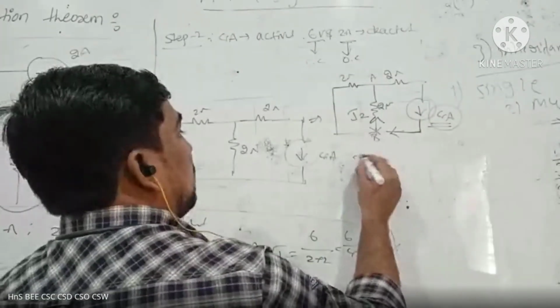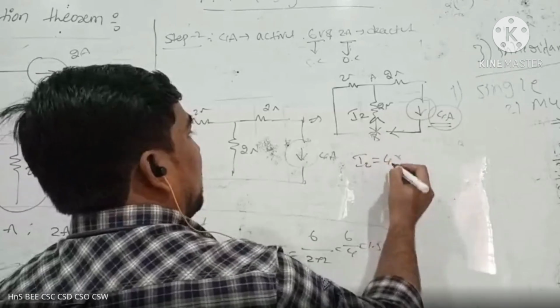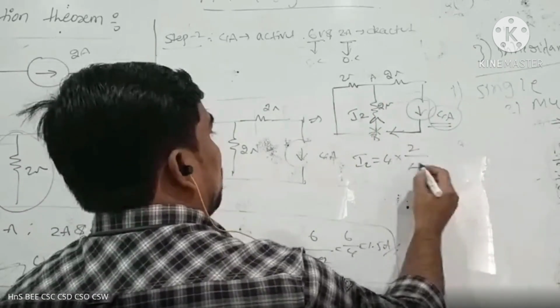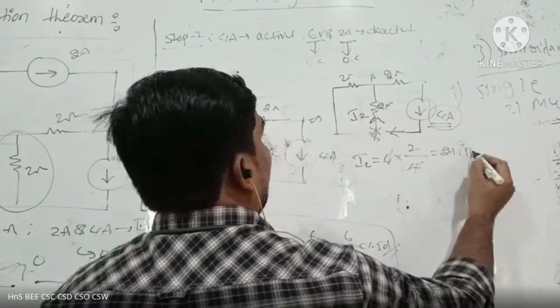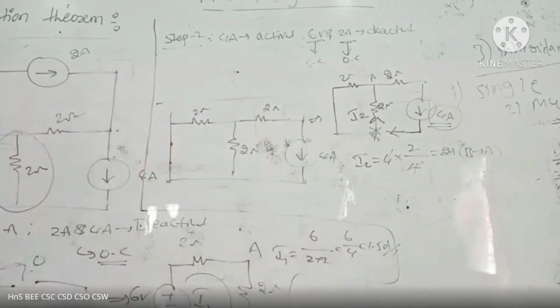Now see, I2 current equals total current into opposite resistance by total resistance. 4 cancel, this is 2 amperes, that is B to A direction. The first current is from A to B direction, that is 1.5. The second current is B to A direction, that is 2 amperes.